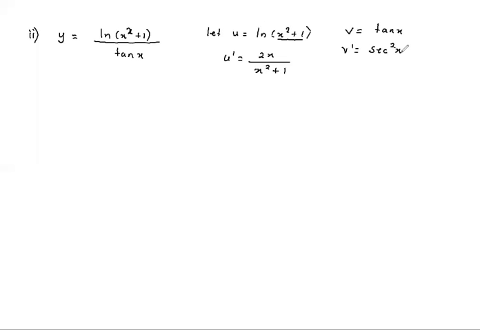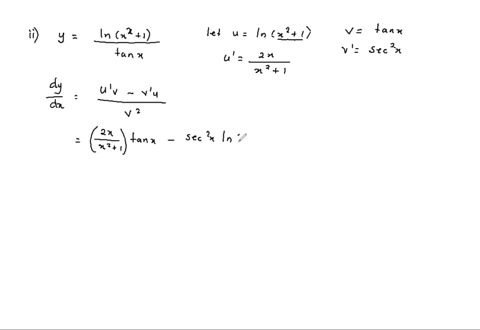Together, we derived, and I also derived in the tutorial video. So now dy/dx, which is the derivative of what we are looking for, is (u'v - v'u) over v squared. But u' is 2x over (x squared plus 1), and v is tan x, and v' is sec squared x.